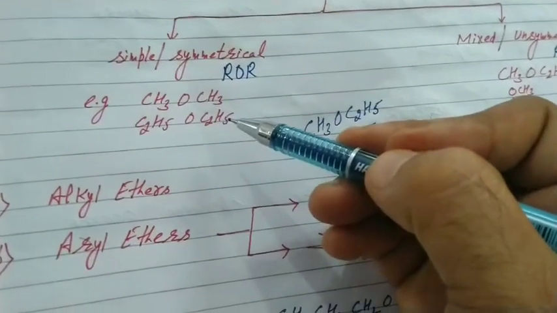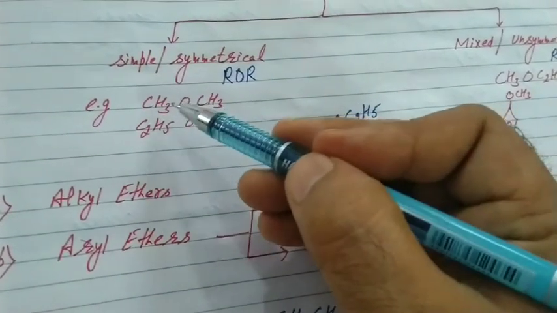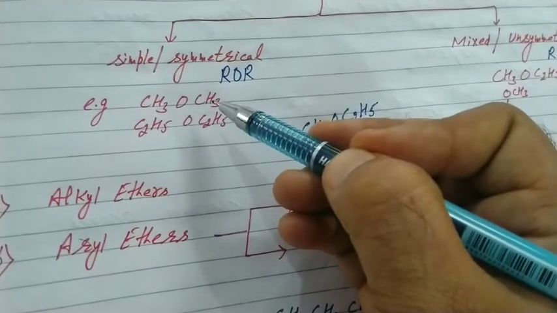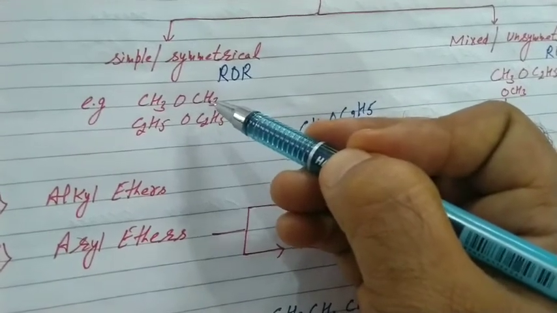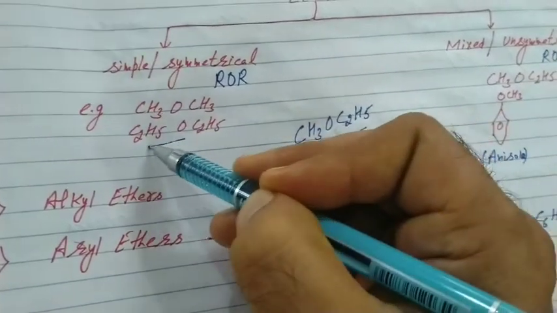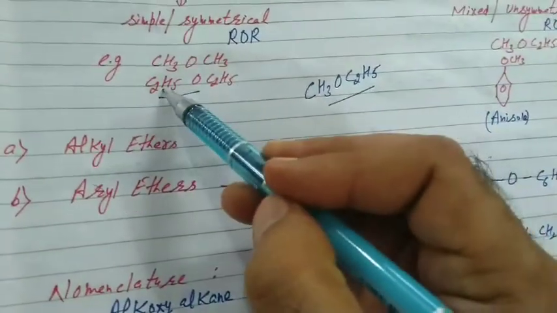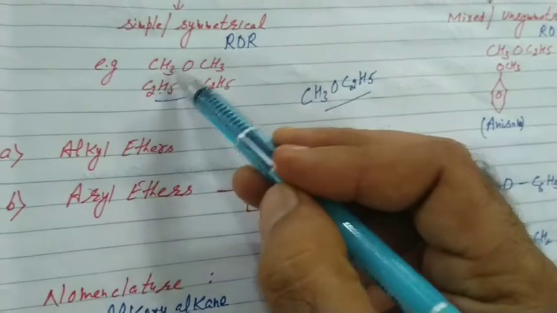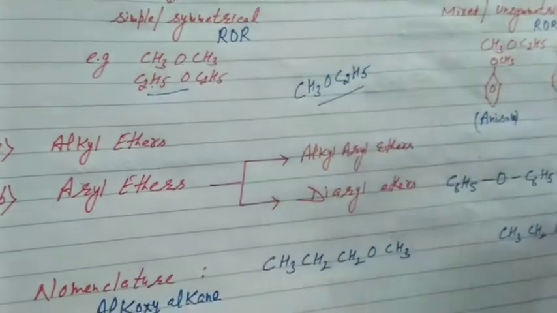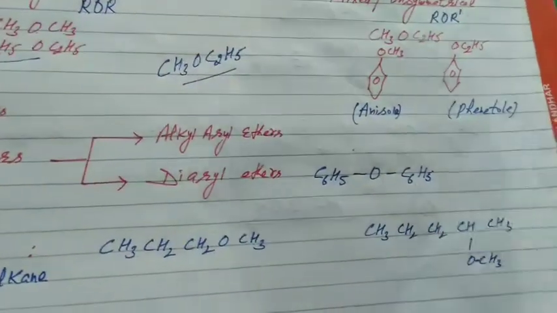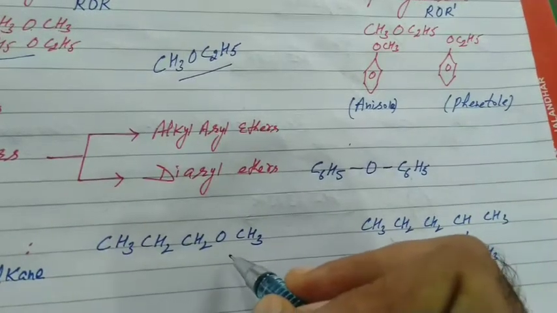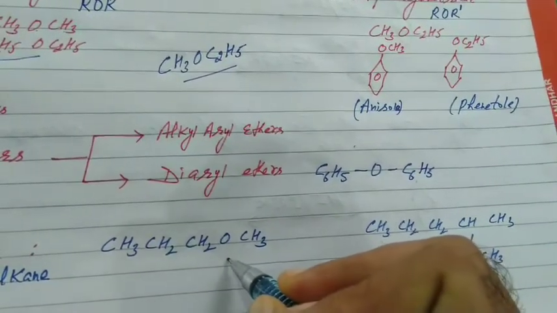In simple ethers, one side of the ethereal oxygen is substituent and the other is word root, that is parent chain. We use the term alkoxyalkane, that is ethoxyethane, methoxymethane. But in case of mixed ethers, the side of the ethereal oxygen containing the smaller group is the substituent.